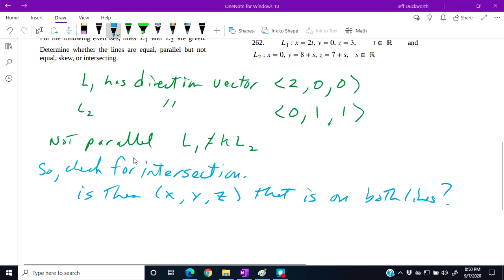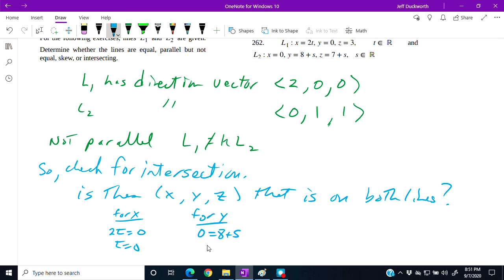So for the x's, in L2 it's 0, but in the other one we have 2t equals 0, which means t equals 0. For the y, we have 0 equaling 8 plus s, so that means s equals -8.